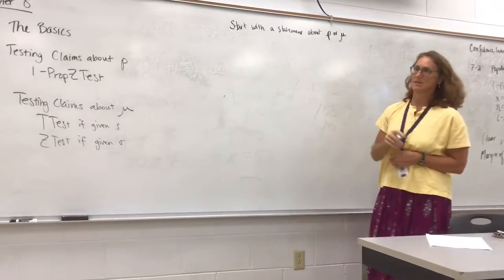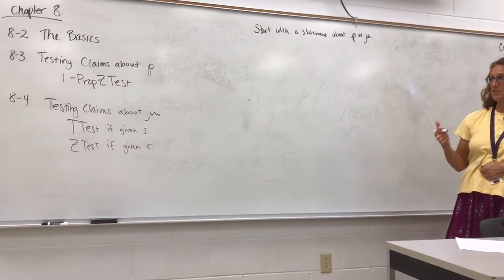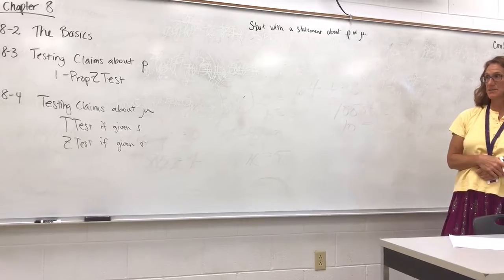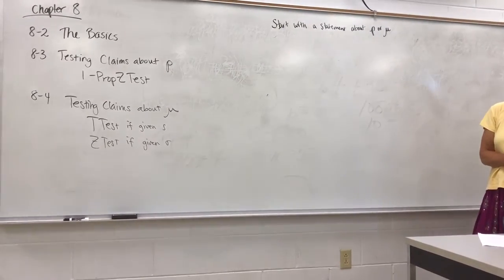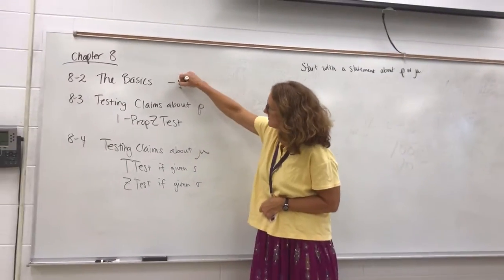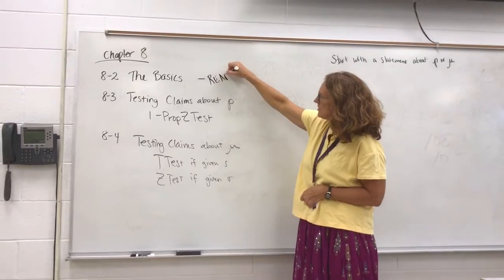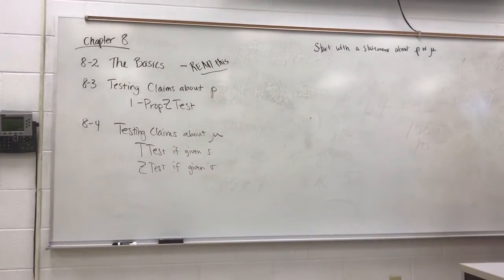This is talking about the process in general that is going to be in 8.3, 8.4, and the section in 9.3. But yeah, 8.2, the basics. I would say definitely read this. Hopefully you're reading your book from time to time, but that's a good section to read.